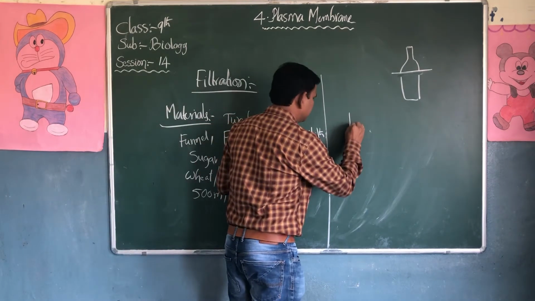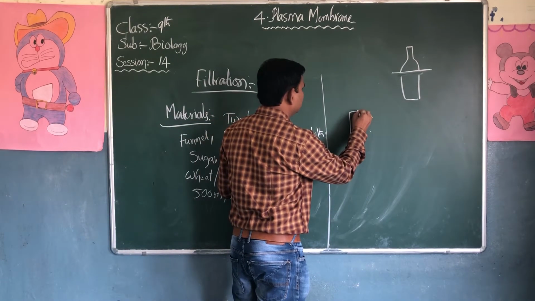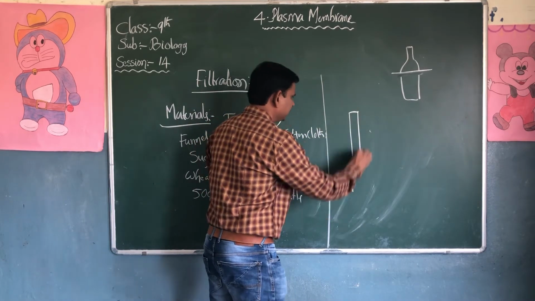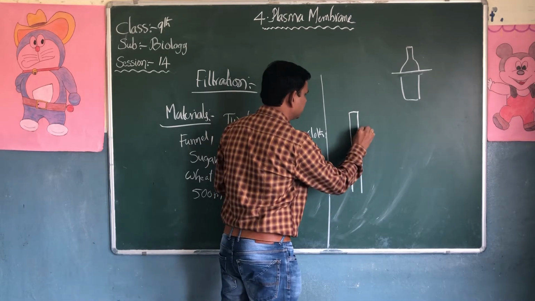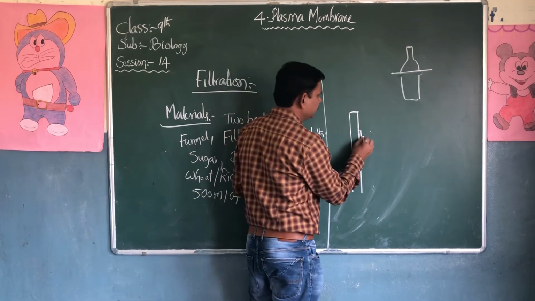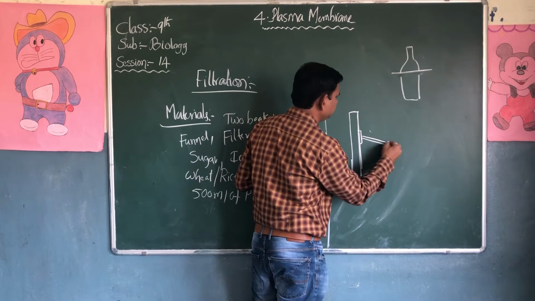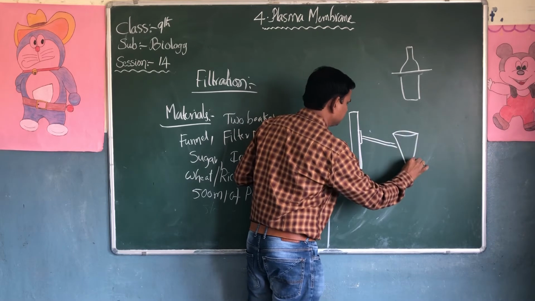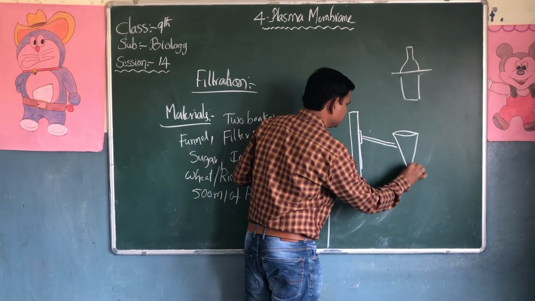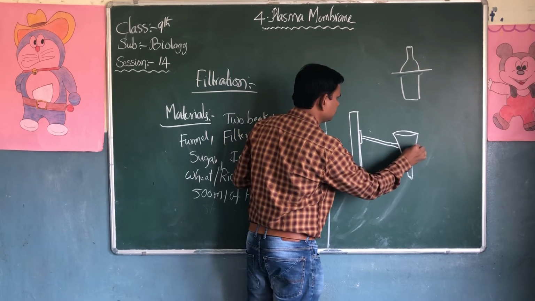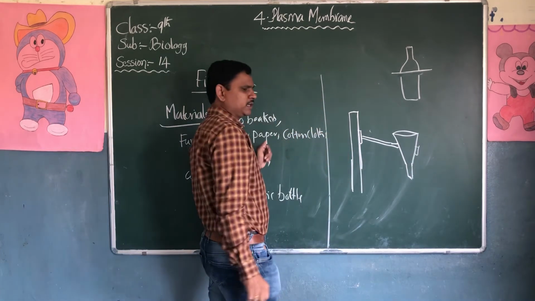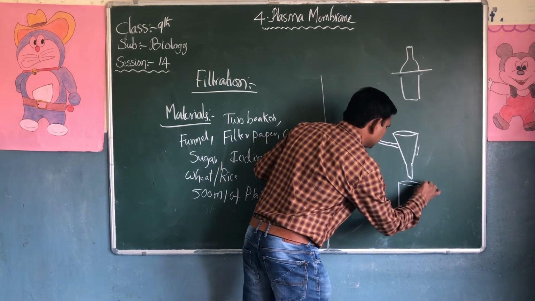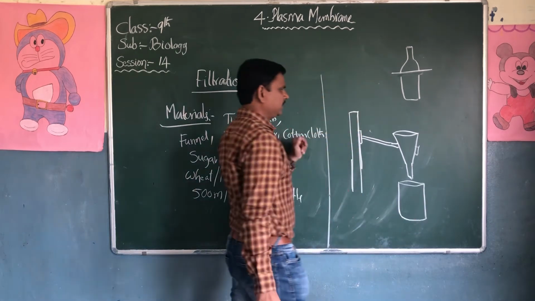Procedure. Take a retort stand which is attached to the funnel. We can keep one beaker below the funnel.